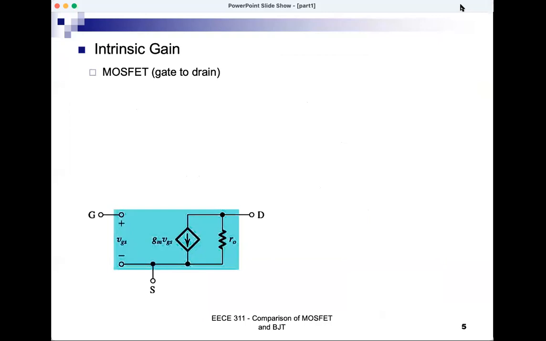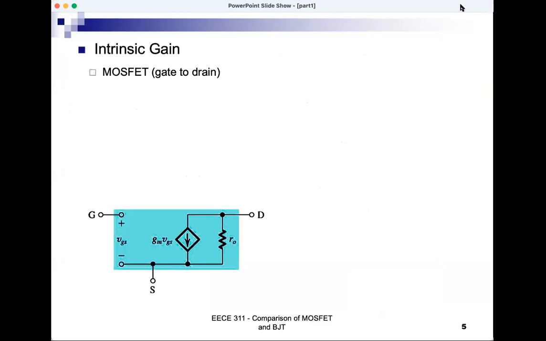Let's introduce a simple quantity called intrinsic gain. It's how much gain I can get out of the transistor. For the MOSFET, I will assume that I have a MOSFET and some signal at the gate. Of course, the MOSFET is not operating by itself in a vacuum.